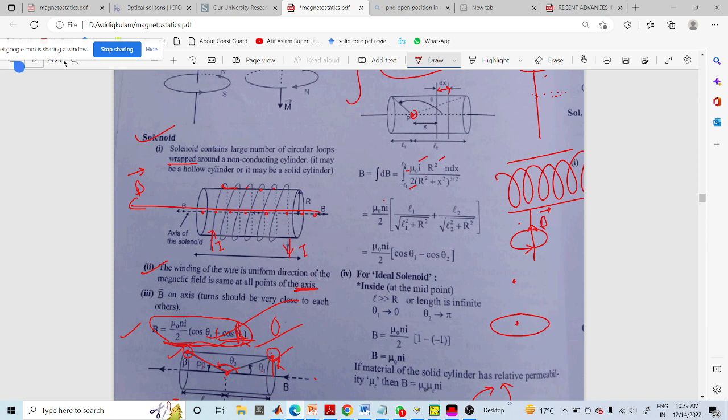So we just have to integrate it, right? When you integrate it, x goes from minus L1 to L2, right? You know the integration of dx over r square plus x square to the power 3 by 2. Tell me, what will be the integration of this one?